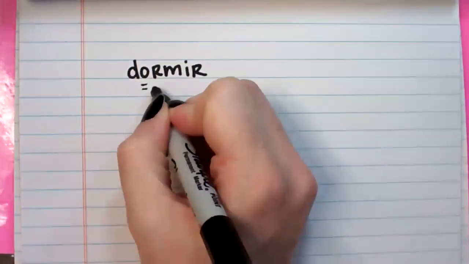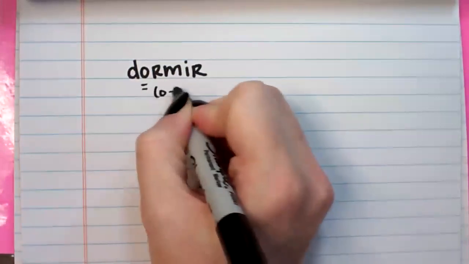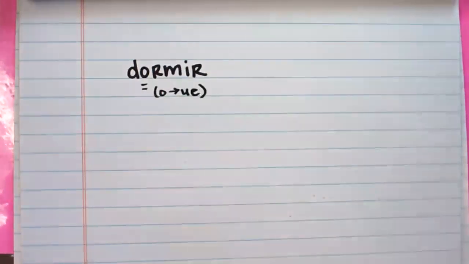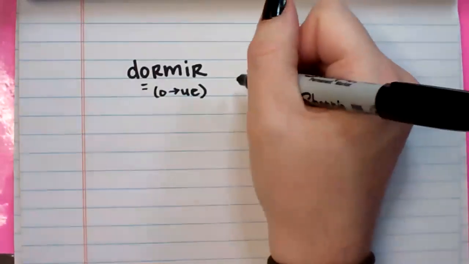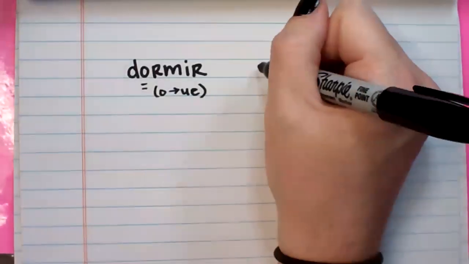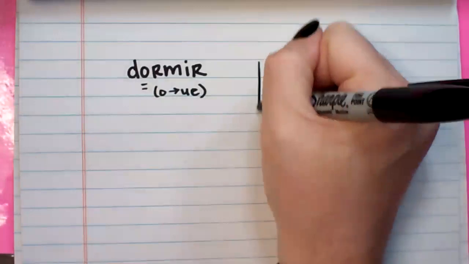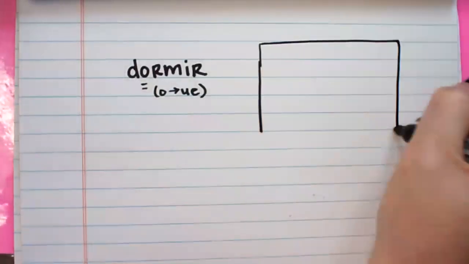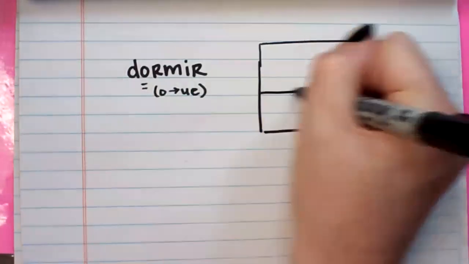So let's look at the verb dormir. As I told you on the previous page, it is an O to UE stem change. And we'll go ahead, just because I love you all, we're going to draw the whole conjugation chart.